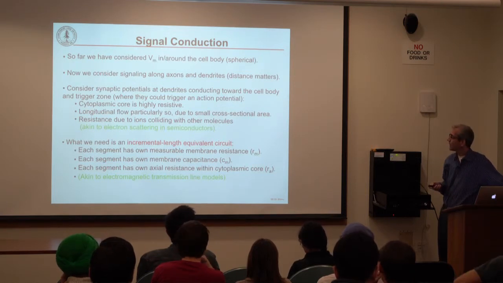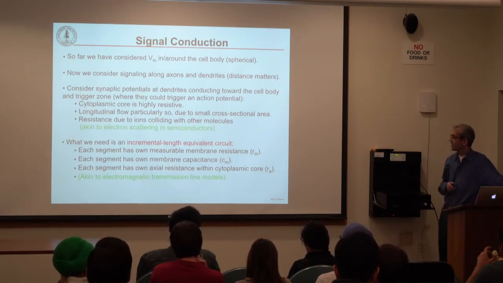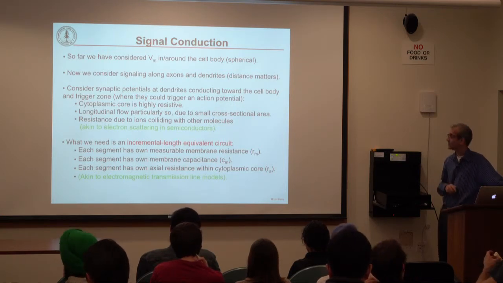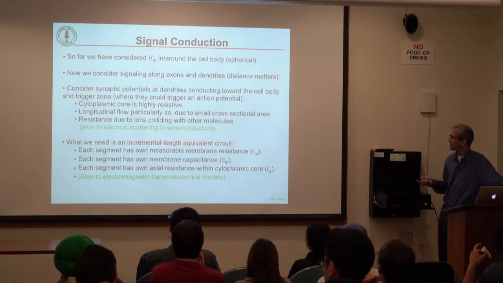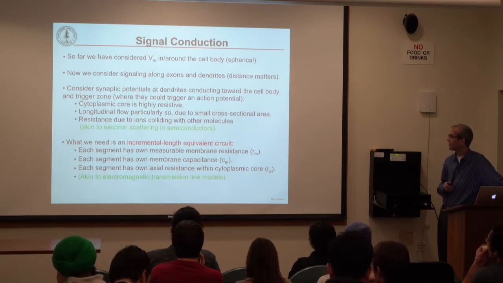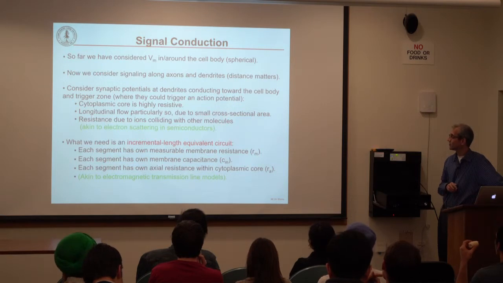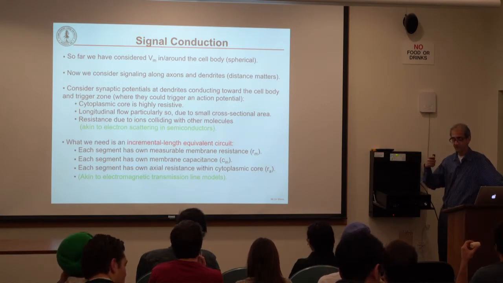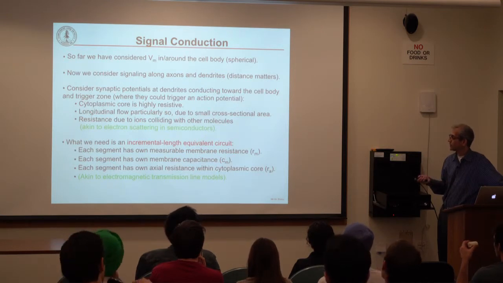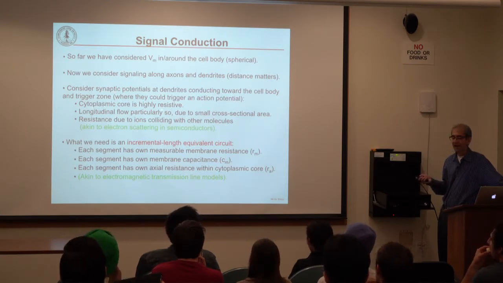It turns out that distance matters quite a lot in this case, not unlike wires in electronics. If you consider the synaptic potentials at the dendrites conducting towards the cell body and ultimately the trigger zone, the axon hillock, we note that the cytoplasmic core is highly resistive.